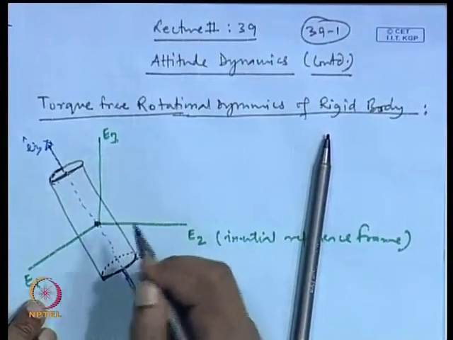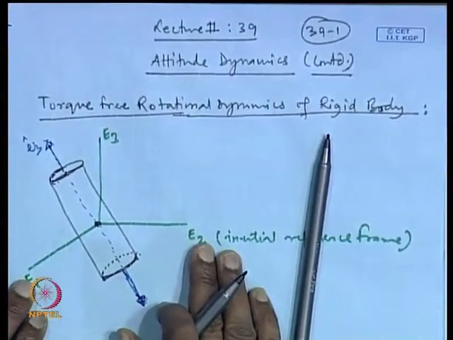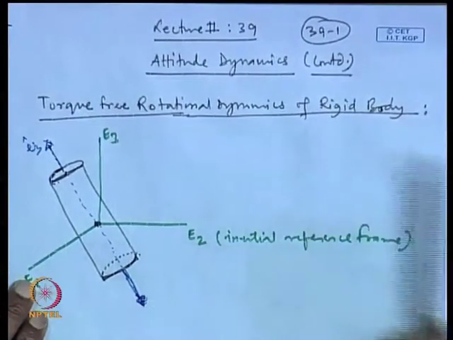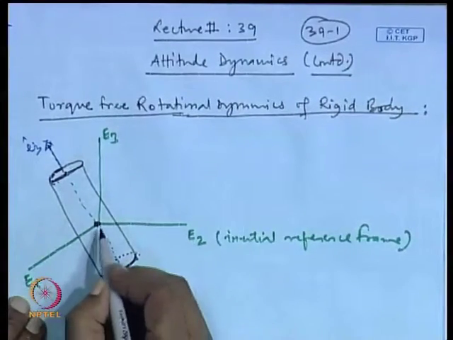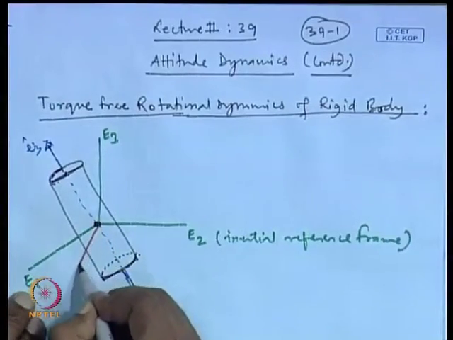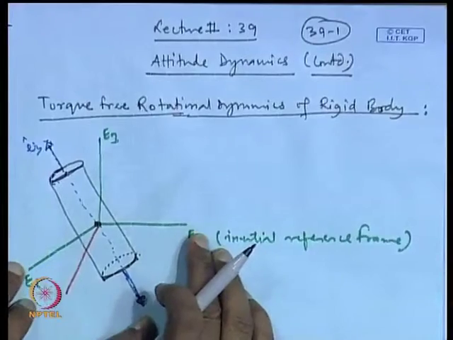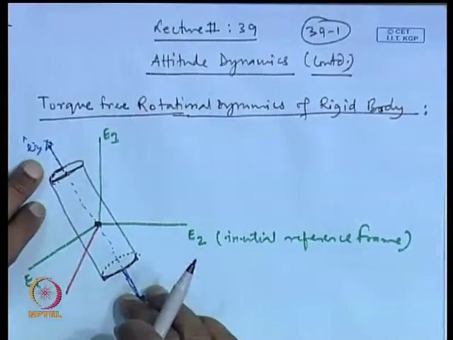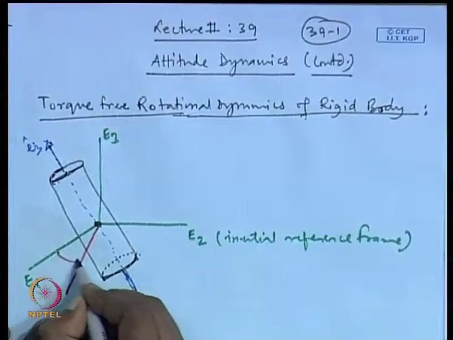As we did in the last class, this is the inertial reference frame, and the body x is to be oriented with respect to this. Last time we saw that the body can be oriented with respect to the inertial reference frame by first rotating by angle psi.